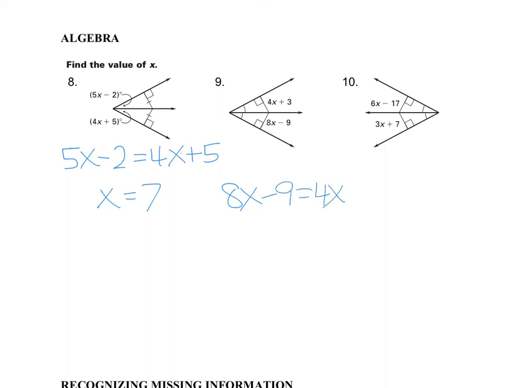So the lengths must be equal. And the same thing, criteria is met in number 10 as number 9. So 6x minus 17 must equal 3x plus 7.